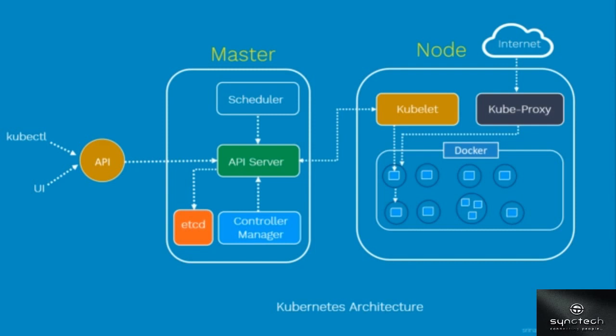It looks at the pod spec that was submitted to the API server on the Kubernetes master and ensures that the containers described in the pod specs are running and healthy. If kubelet notices any failures with the pods running on this worker node, it tries to restart the pod on the same node.